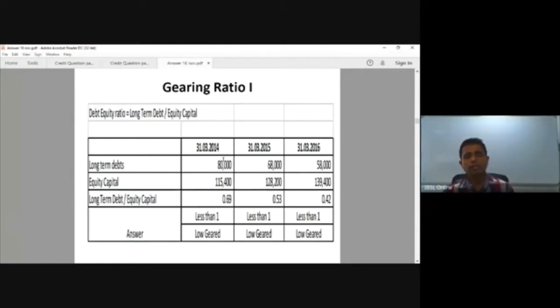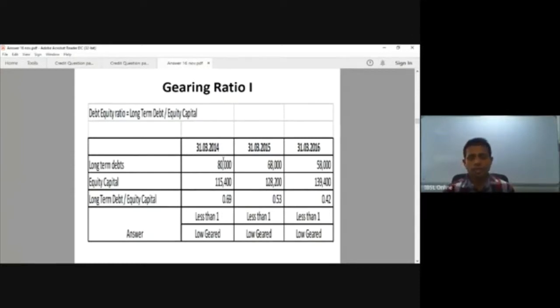Long-term debt to equity capital, no need to take any average balances, because both figures are from the balance sheet. Now, we are worried about the capital structure of the company, whether it is an ungeared company, a high-geared company or a low-geared company.